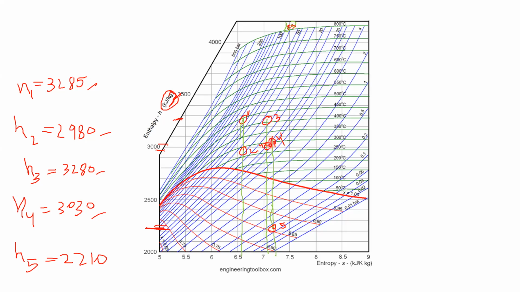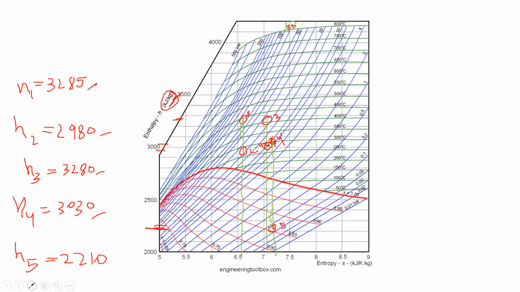Then at this pressure only, we are just increasing its enthalpy, and at this pressure only we have a 4 dash. Then from this 4 dash, if you draw a straight line, that will indicate the isentropic expansion process, and at this process only we have a fifth state. At what pressure? At a 0.07 bar position.